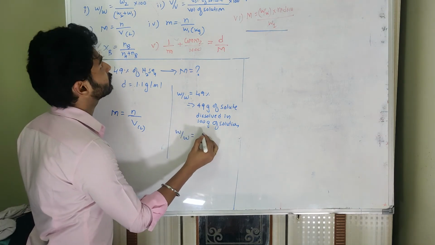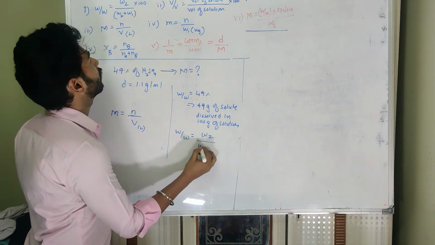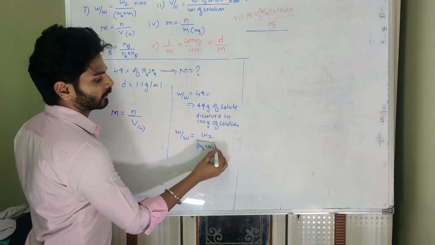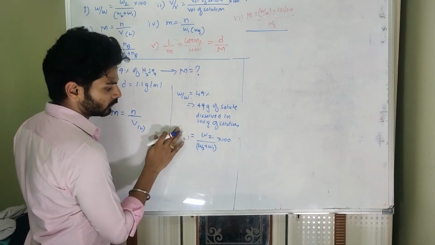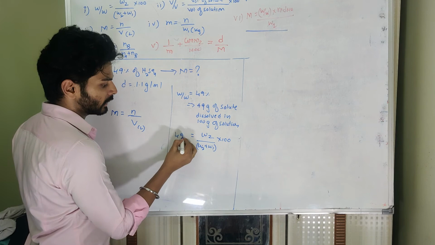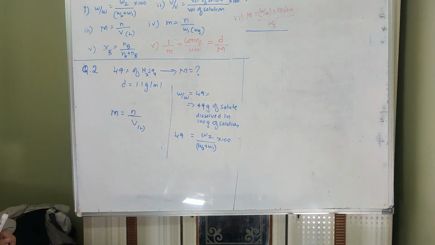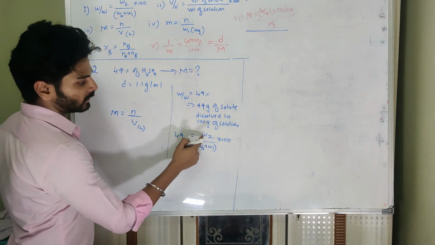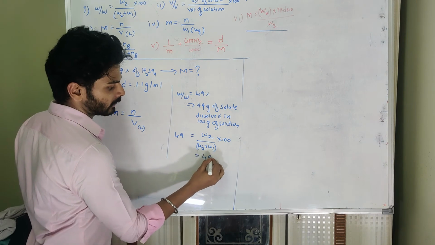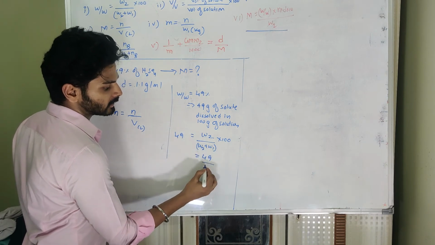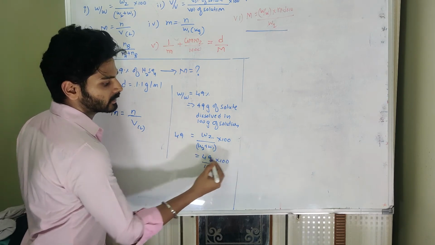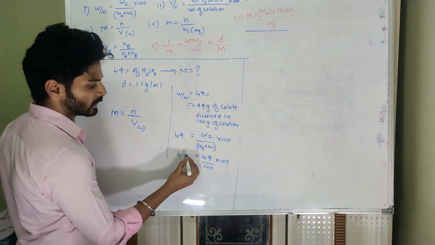W by W is equal to W2 upon W2 plus W1 into 100. Now this as the answer we have 49. So we can keep W2 as 49 and the sum as 100. Anyway 100 is there, so we get the answer as 49.